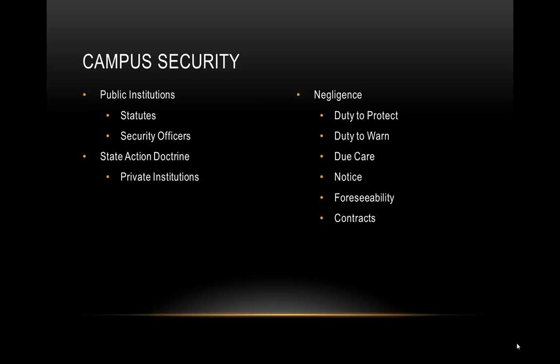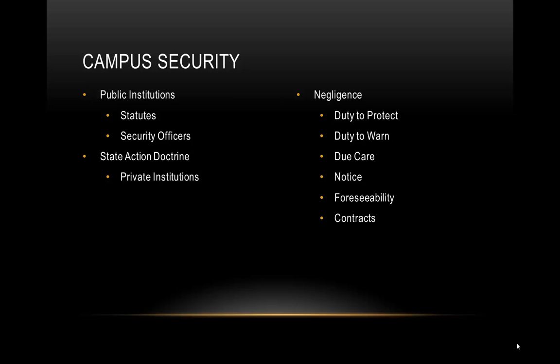In terms of the duty to protect, institutions have a duty, an obligation, legally and morally, to protect their students from danger. So for example, if we have a residence hall and it's known that people outside the institution can get into that residence hall and they can provide a dangerous environment to students, if the institution does not act, they can be negligent because there is that duty to protect their students.